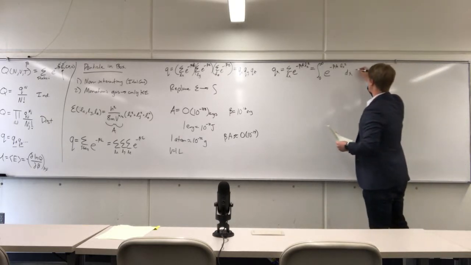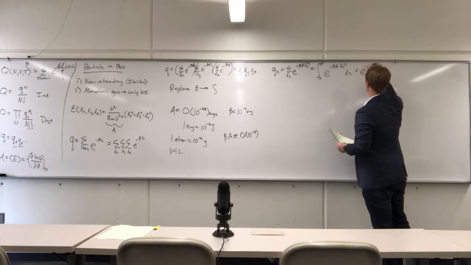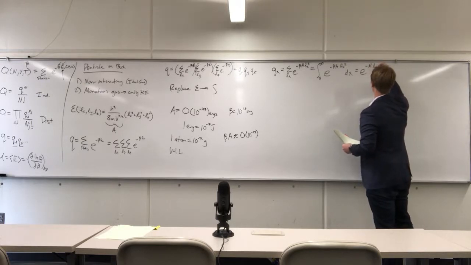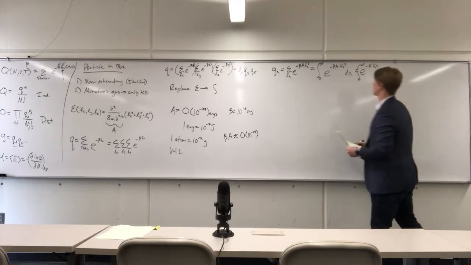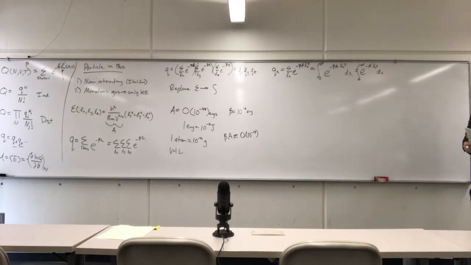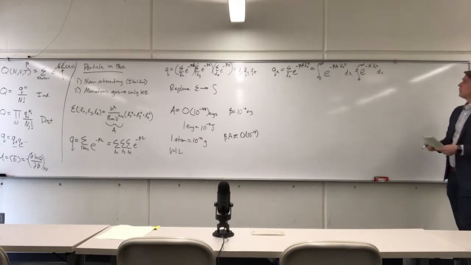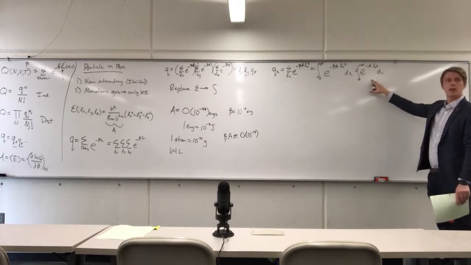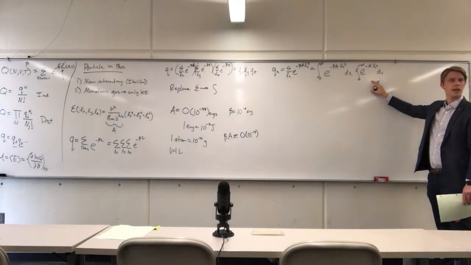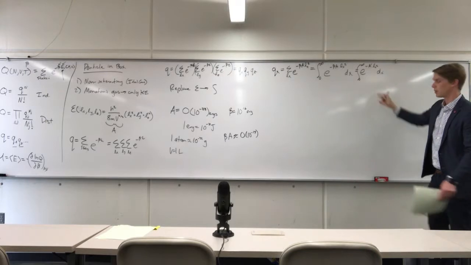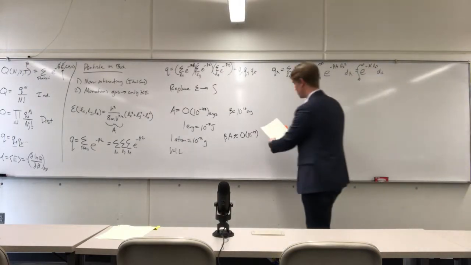And I'm just going to write this as e to the minus a prime. Now this function does not actually have, I believe, an analytical integral, but it has something called the error function as the solution.